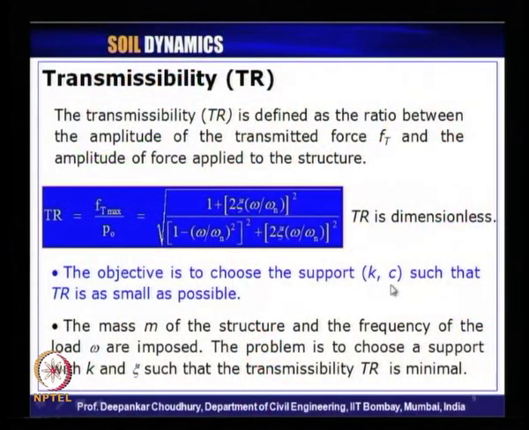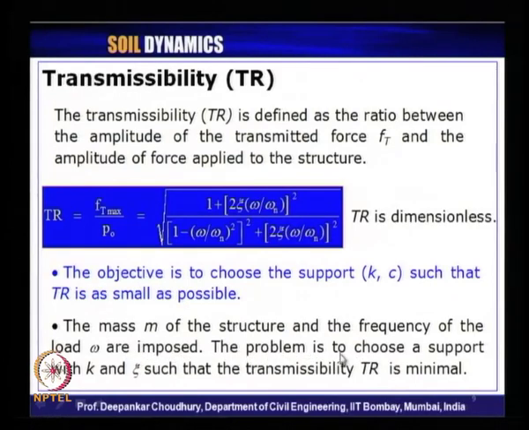So that minimum dynamic load is transmitted finally to the system or to the foundation. So, we want this numerator f t max to be minimum or as small as possible. To have that, we can have control on either the support condition k or c. Now, the mass m of the structure and the frequency of the load, that is lambda in our case, are imposed, they are given.